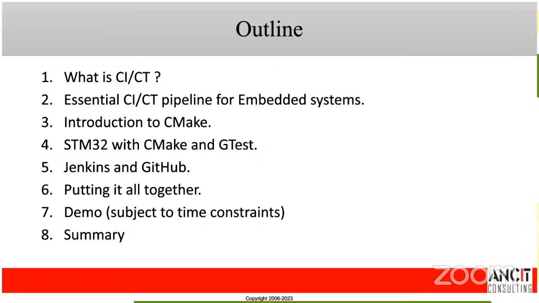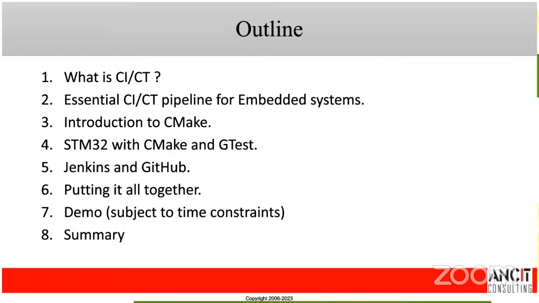In that, it becomes important that we know CMAKE and how to use it, so I will also give you an introduction to CMAKE. Then I will show you how we have configured an STM32 board with CMAKE and GTest. I'll also show you how to test your system using this particular pipeline.